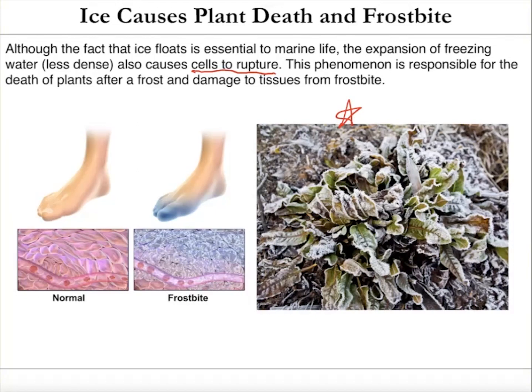And so that's what causes the plants to die. It's also what causes frostbite that can kill the cells on your extremities if your body gets too cold. And then you're left having to amputate toes and stuff like that because it's just dead tissue. So the fact that water is less dense as a solid is important in marine life, but also has consequences for other forms of life.